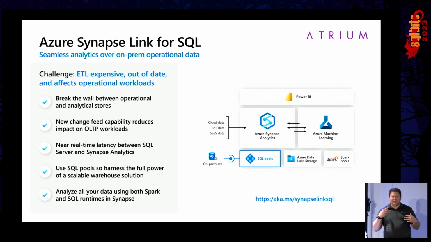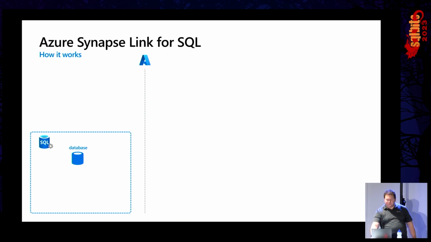This is not doing slowly changing dimensions or anything like that. We're making copies of your transactional system tables in Azure Synapse dedicated SQL pools for you to use for analytical purposes. All right? So the way this works, it works a little differently from 2022 and Azure SQL DB. I'll get into that a little bit.